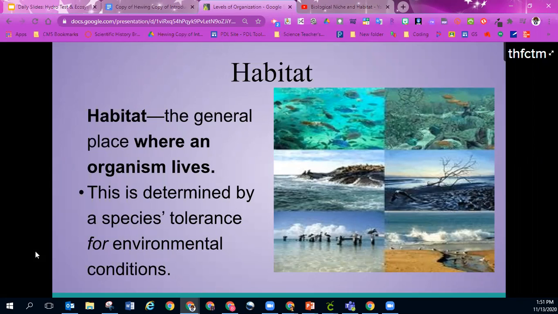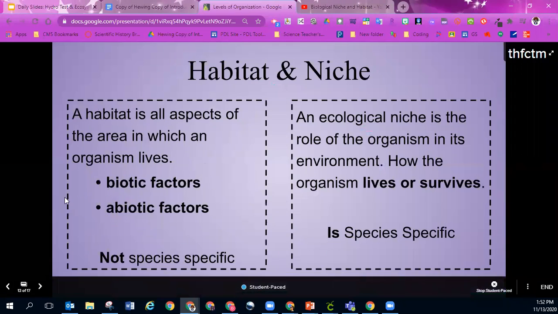It may have too much blubber or too much fur and get overheated quickly and not be able to survive well in that area. Food also definitely plays a part in this, because if there's not enough food to sustain all of the animals, then that could be an issue as well. But a lot of times the species that live in a habitat are based off of the environmental conditions of that particular habitat.